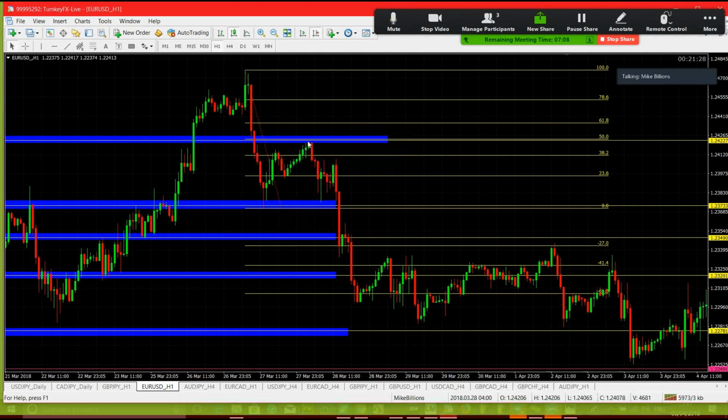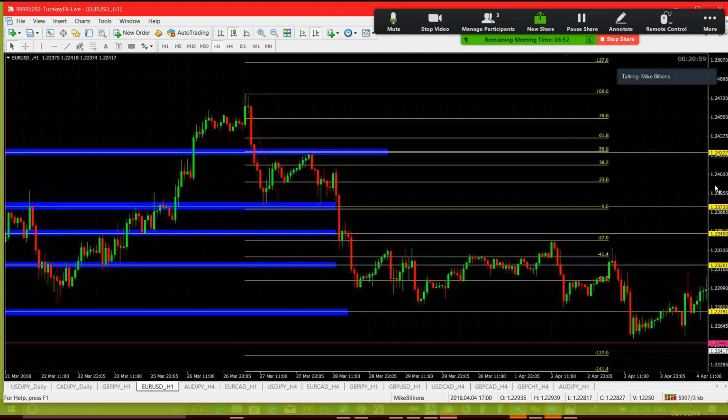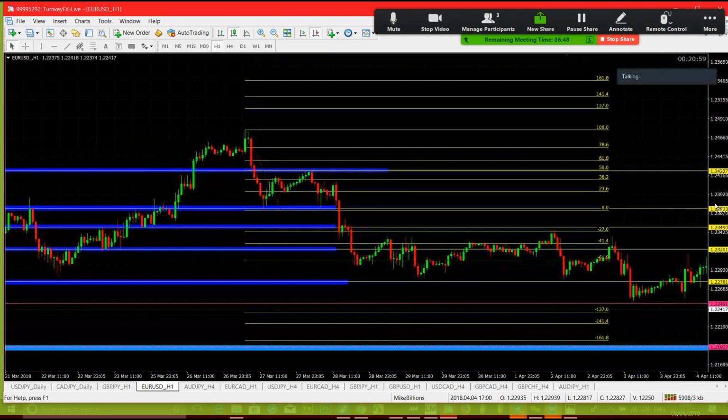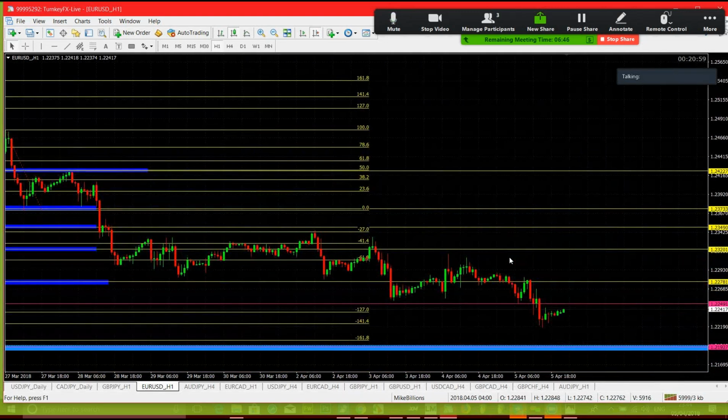See confluence. It turned at the 50. And then it's in confluence with the key level here that I drew, and then what did you see? It came down. Let's see if it got to my 160.